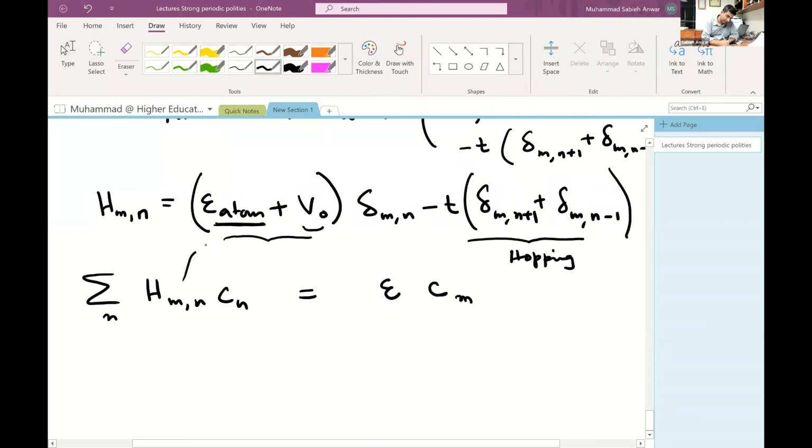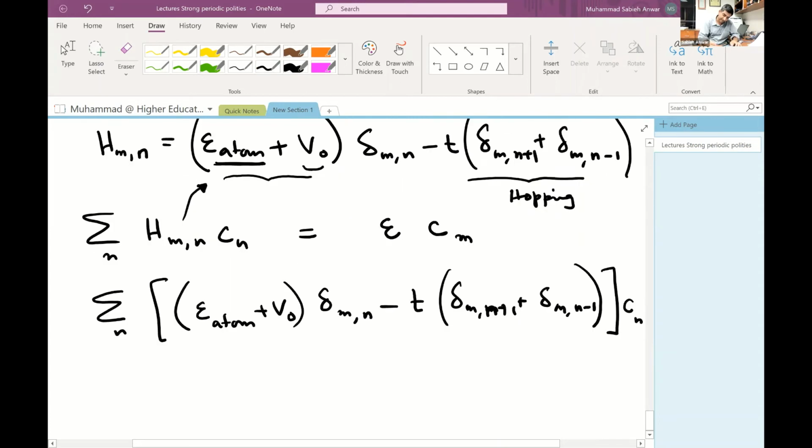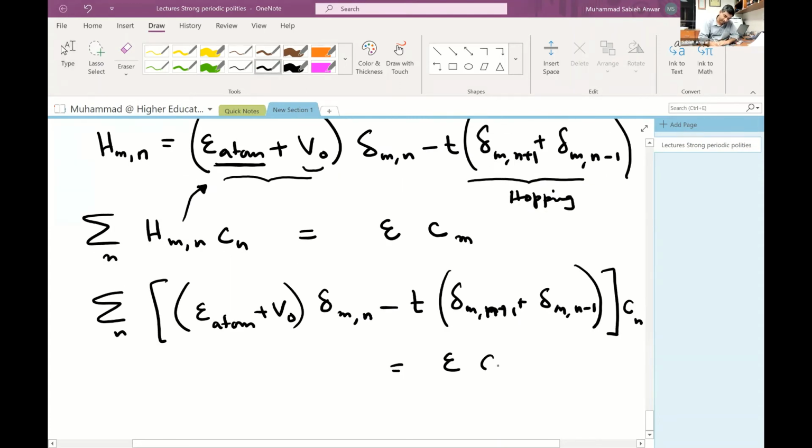I found out what the matrix element is going to be, so I can write this as epsilon atom plus V naught, minus t, delta_m,n+1 plus delta_m,n-1. All of this is multiplied with Cn, and at the end I would get epsilon Cm.